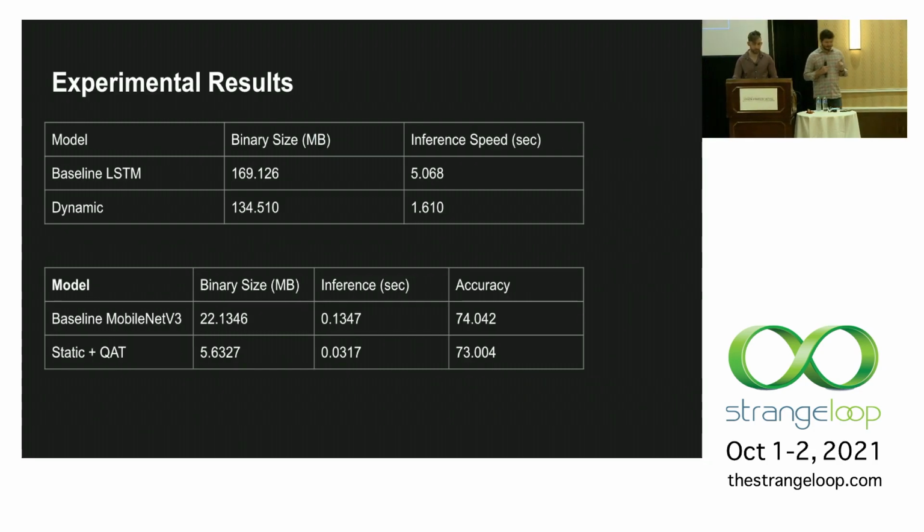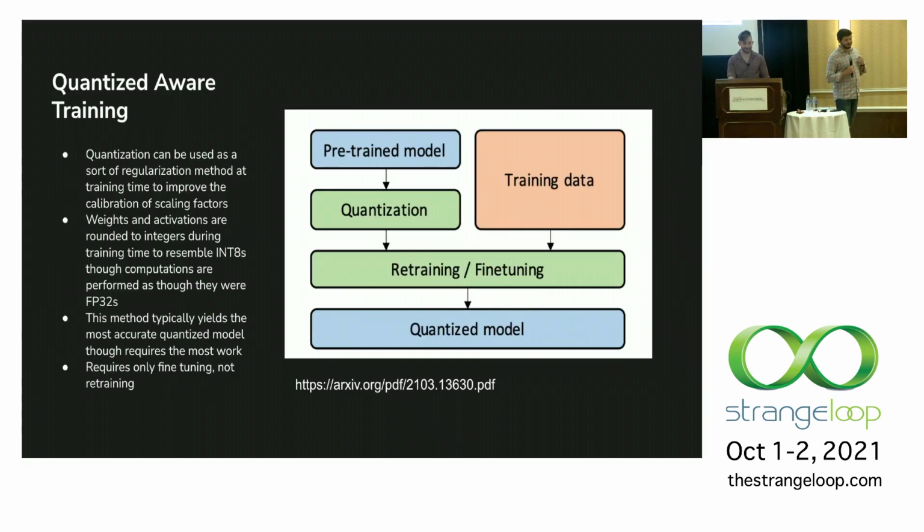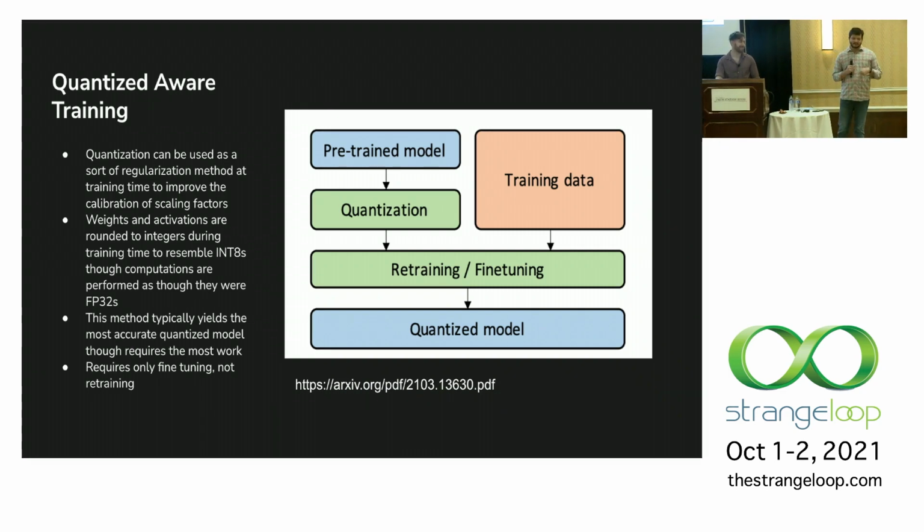This method is really only necessary for when you tried static quantization at the per channel level, you didn't get the results you're hoping for, and accuracy dropped dramatically. In the PyTorch tutorials, you'll see that they use a MobileNet v2 to kind of illustrate these ideas. A MobileNet v2 on ImageNet classification typically scores 72%.